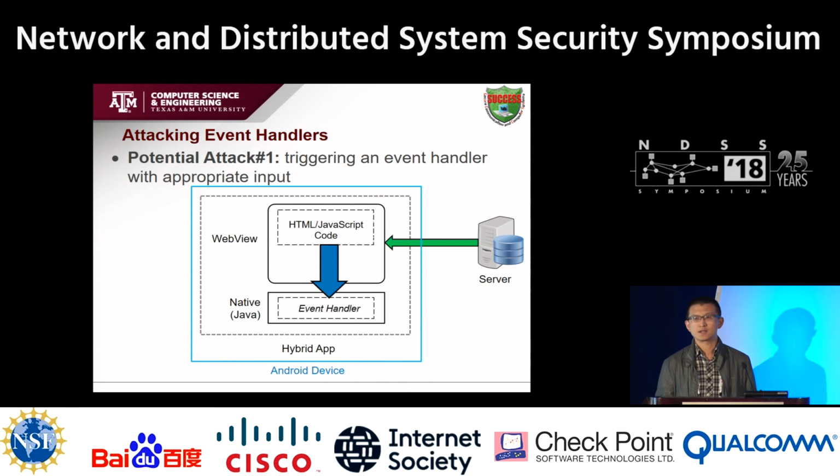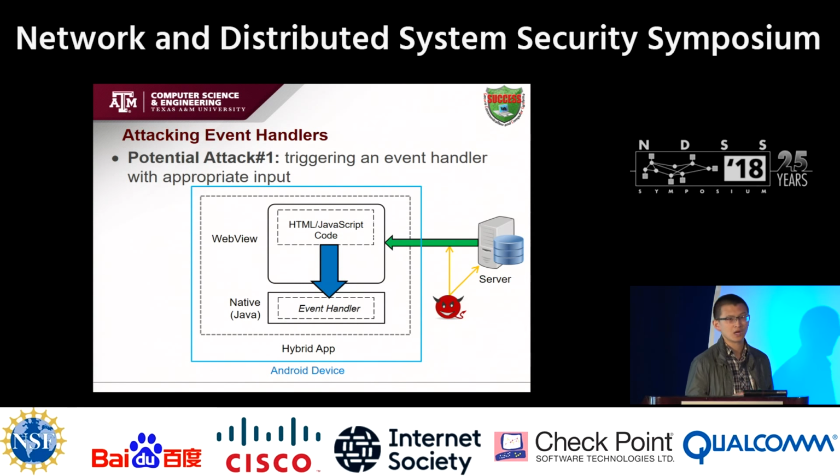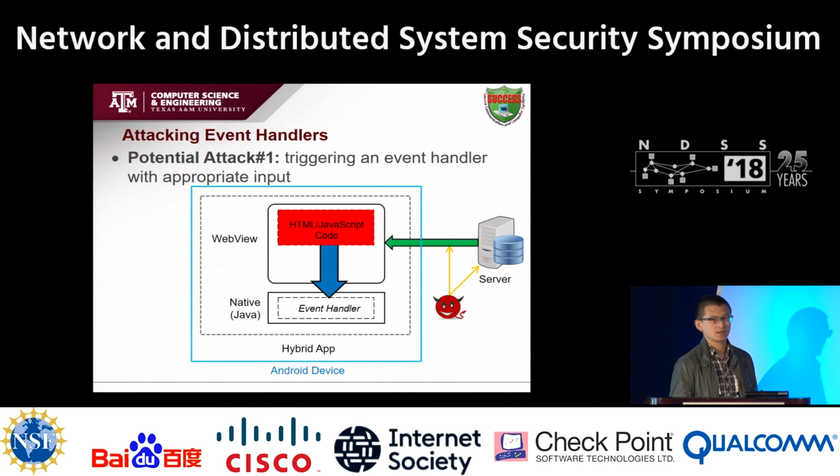However, if there is some problem with the web server or the link between the WebView and the web server, an attacker may get a chance to inject malicious code into WebView through web attacks and network attacks. In this way, the malicious code is loaded in WebView and executed. Then the malicious code can access the bridge freely, trigger any event handlers, and access their functionality if appropriate input is fed.